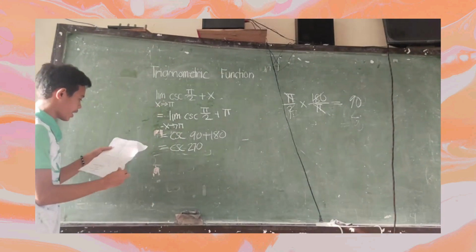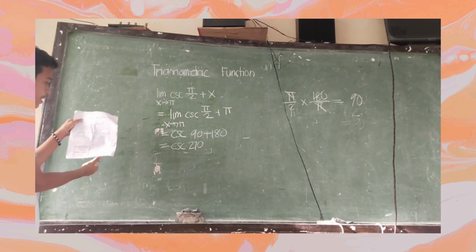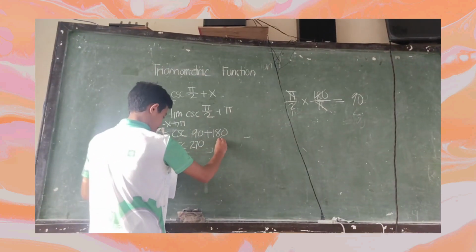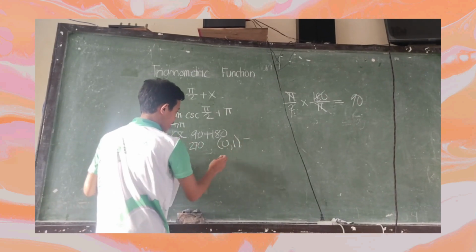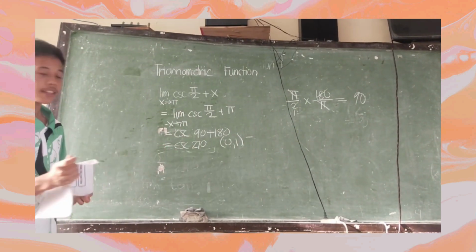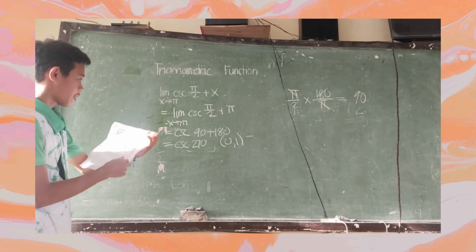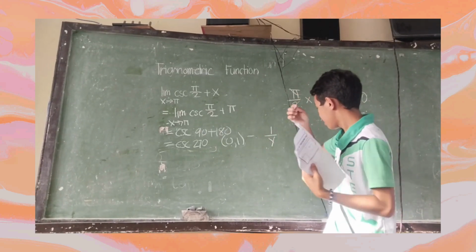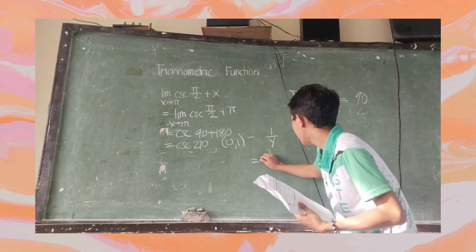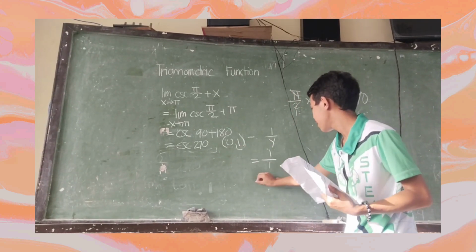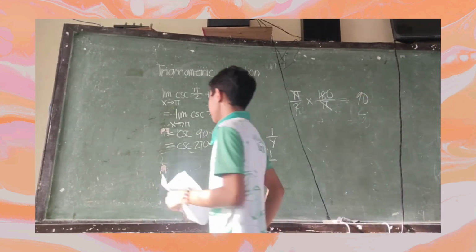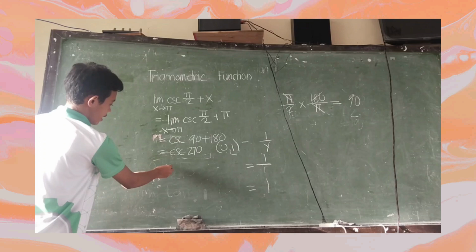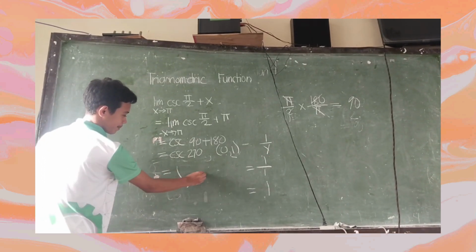So by looking at the unit circle, 270 has the coordinate (0, -1). Since we're looking for cosecant, cosecant is 1 over y. So 1 over 1 is equal to 1. The limit of cosecant of pi over 2 plus x is equal to 1.